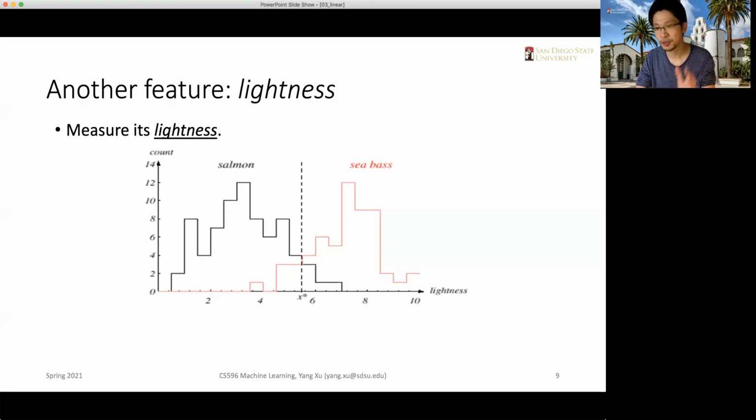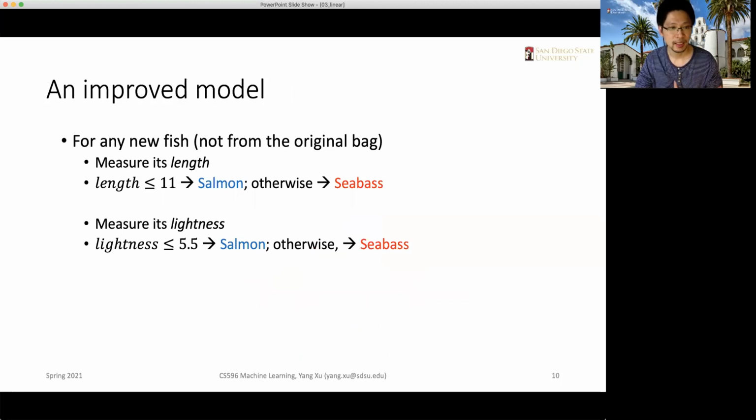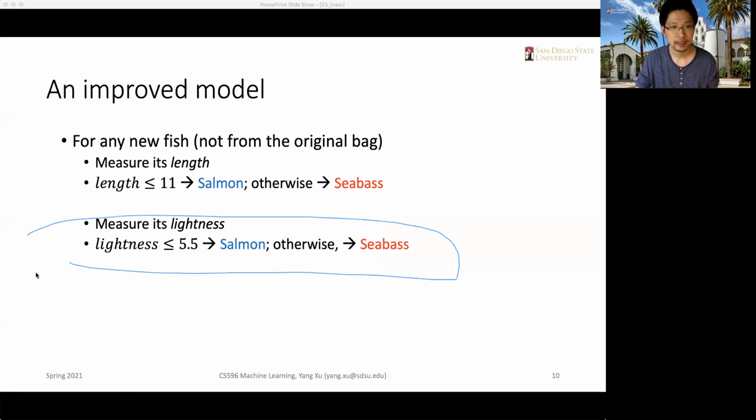The majority of the sea bass are still on the right, salmon on the left. We have another boundary. Why not just use lightness equals 5.5 as our boundary to make a simple classification? If the lightness is less than 5.5, then we claim that it should be salmon, otherwise it's sea bass.